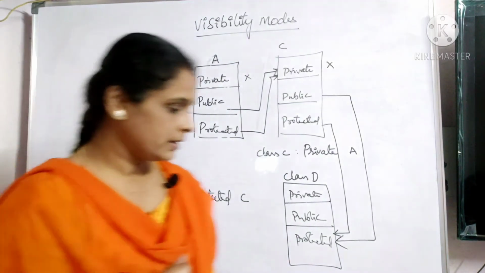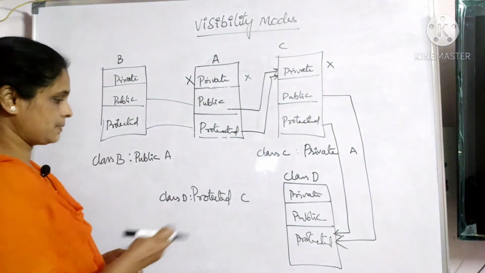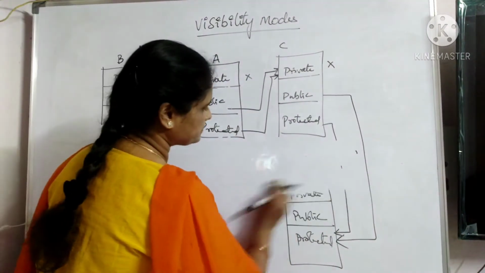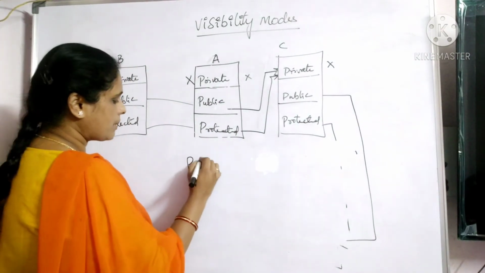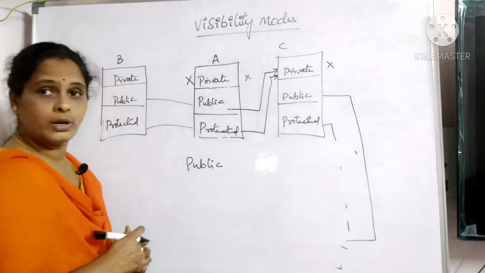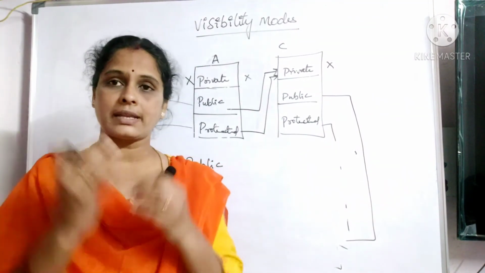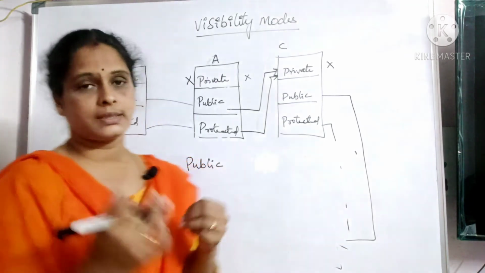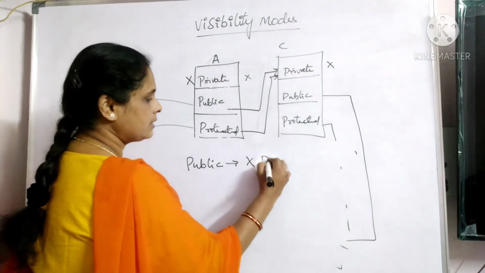These are the different visibility modes in C++. Now, if we talk in simple terms, when I am deriving a class from the base class in public mode, I can't inherit private data.